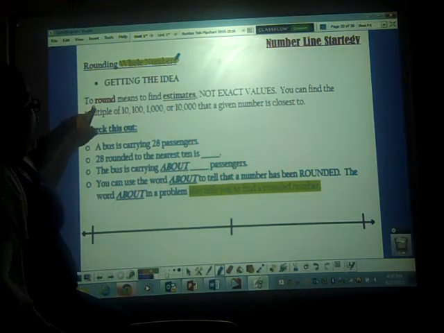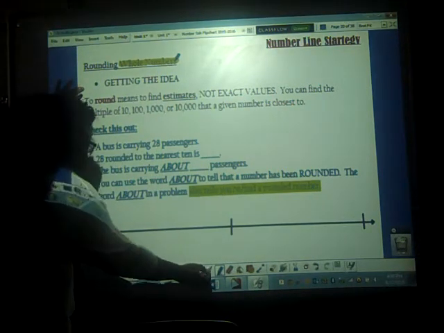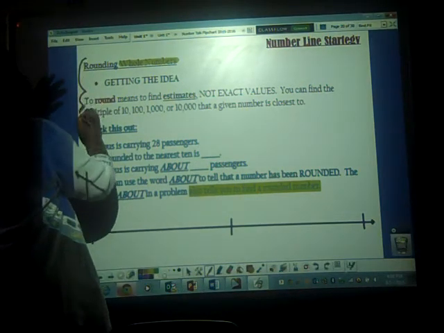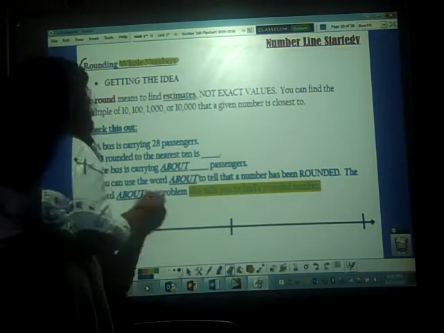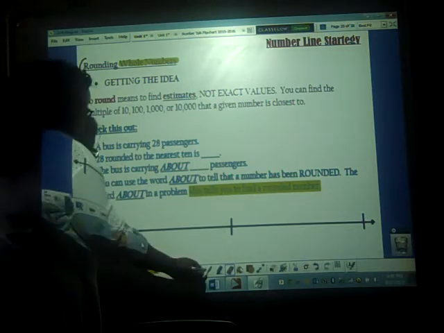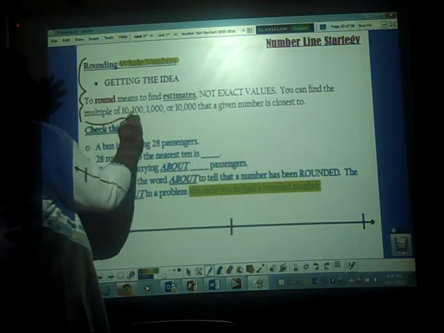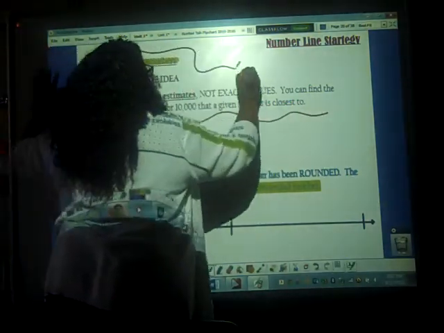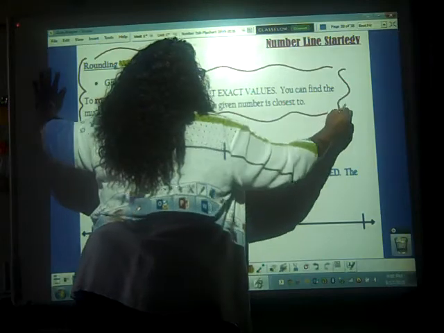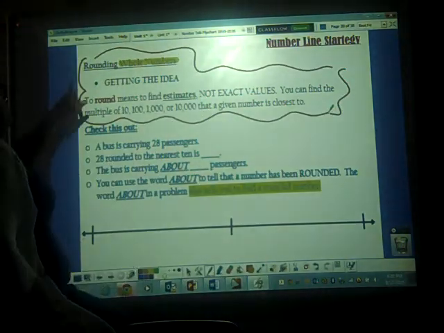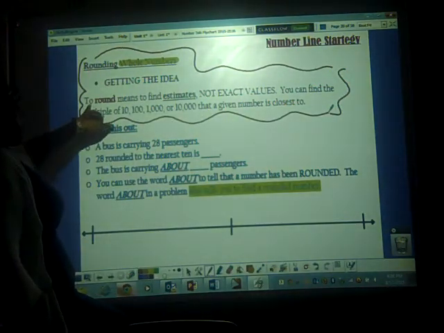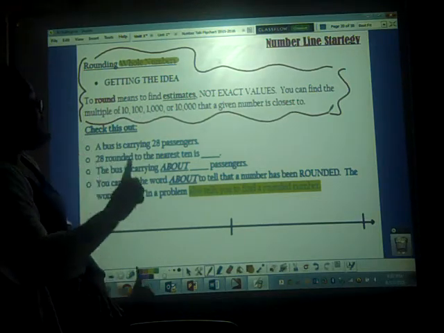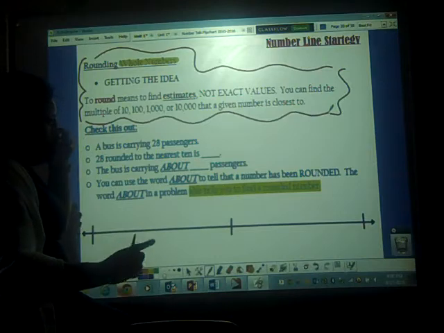So you can pause and copy down this portion right here. All right. Rounding whole numbers. To round means to find estimates, not exact values.